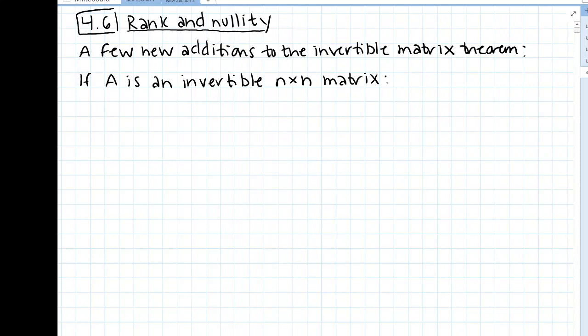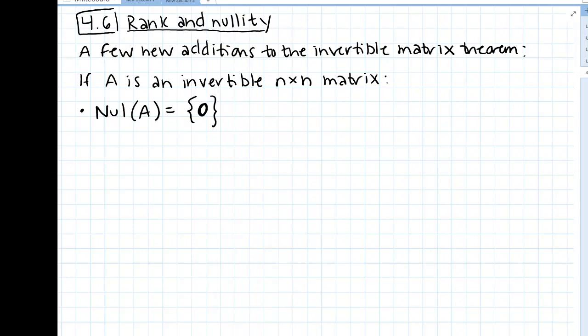So if AX equals 0 has only the trivial solution, another way of saying that with our new language is that the null space of A is equal to just the 0 vector. The null space of A is the set of all vectors that are sent to 0, or that when you multiply them with the matrix, you get 0.